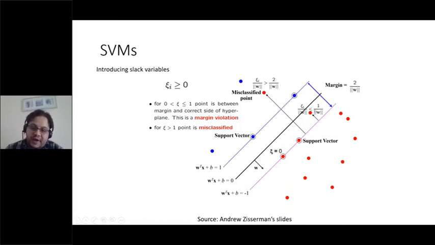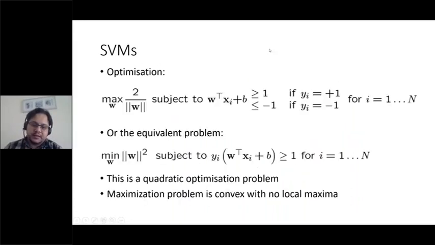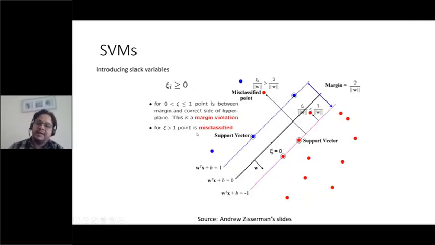When we introduce the slack variable, there are two versions of the SVM: the hard margin SVM and the soft margin SVM. The normal one, what we studied right now, is called the hard margin SVM. The hard margin SVM just looks at the data set and finds the best hyperplane.